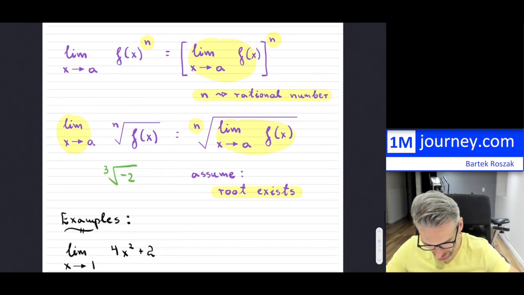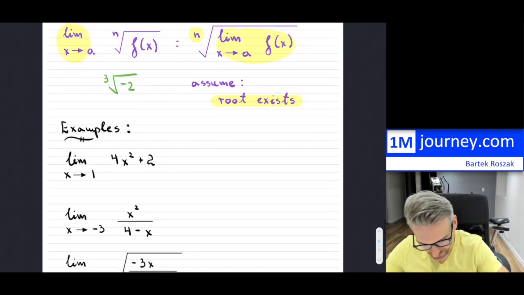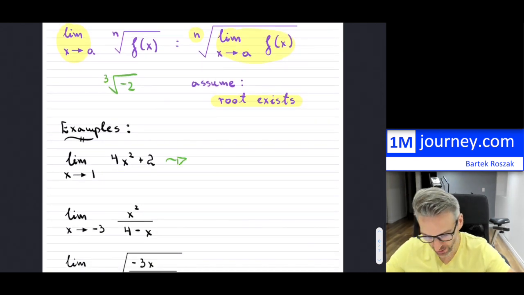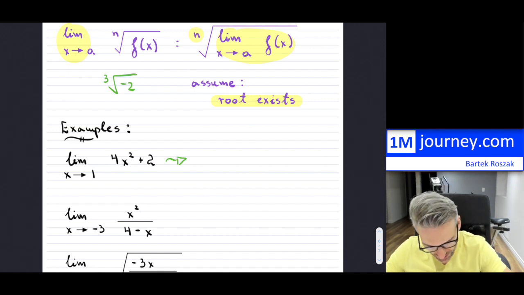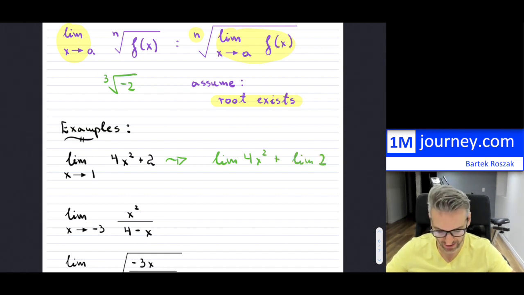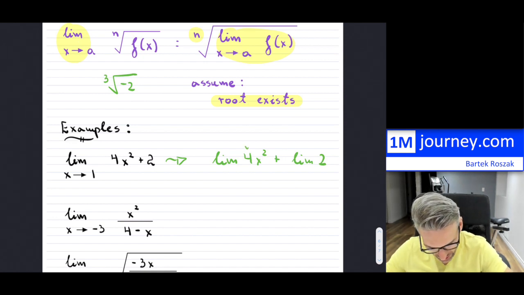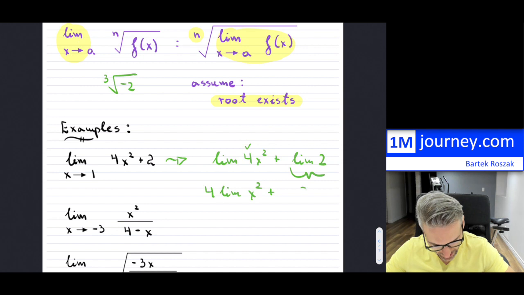So here are some examples. How would you break it down? I would break it down like this: limit of 4x squared plus limit of 2. So I'm bringing that in there. Now 4 is a constant, so this would be 4 times the limit of x squared, plus, I already know what that is, a constant, so that's 2.